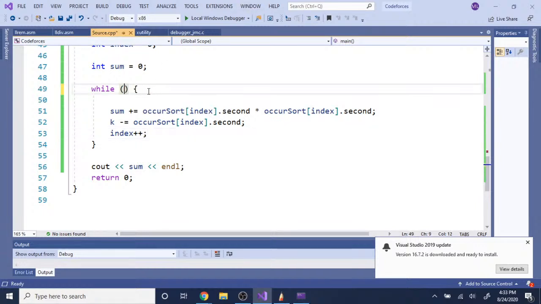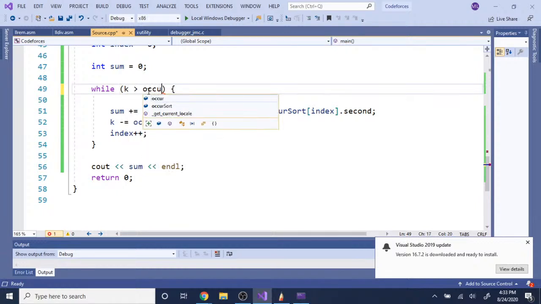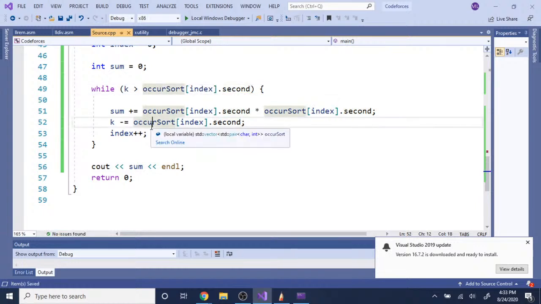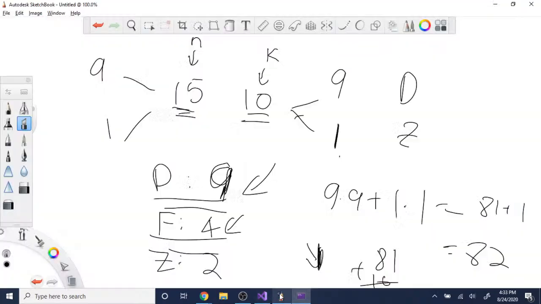We want while k is greater than occur sort at index.second, then we continue. Okay? Yeah, so while our k value, which is 10, is greater than the maximum occurrence, which is 9, we're going to subtract it and continue.